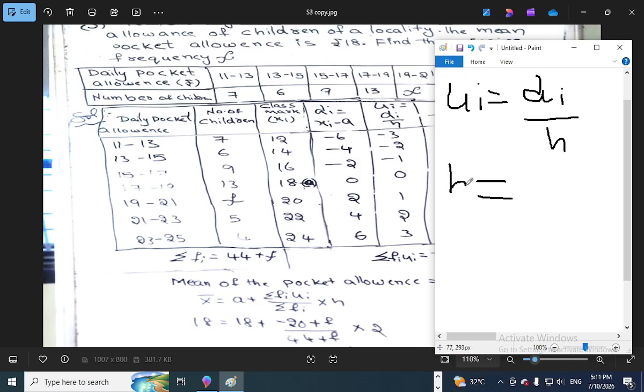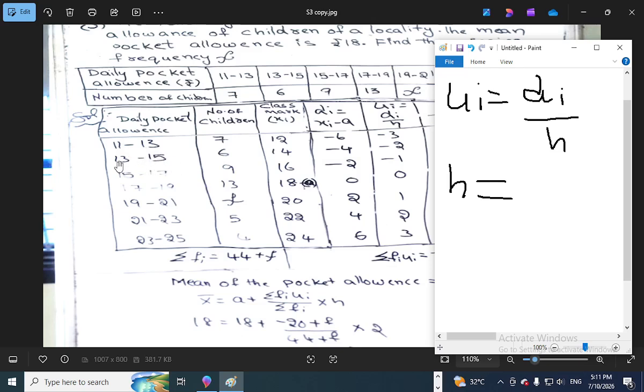So by calculating these two things, we will get the step deviation. First, what is the height of the class? Please observe here. Height of the class is equal to the difference between the class intervals. Here the first class interval is 11, 13. The difference between these two boundaries is 2. Then the next class interval 13, 15.